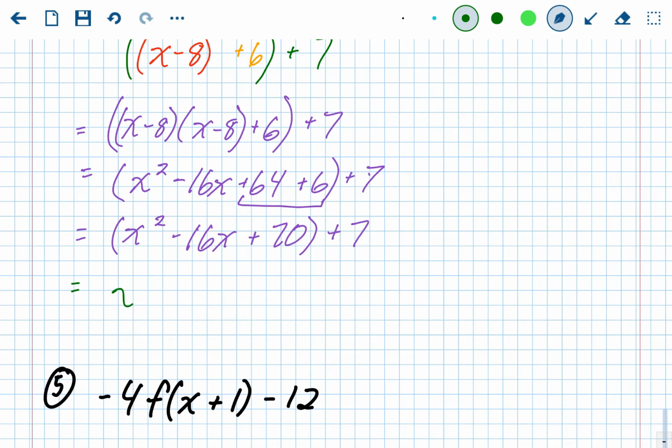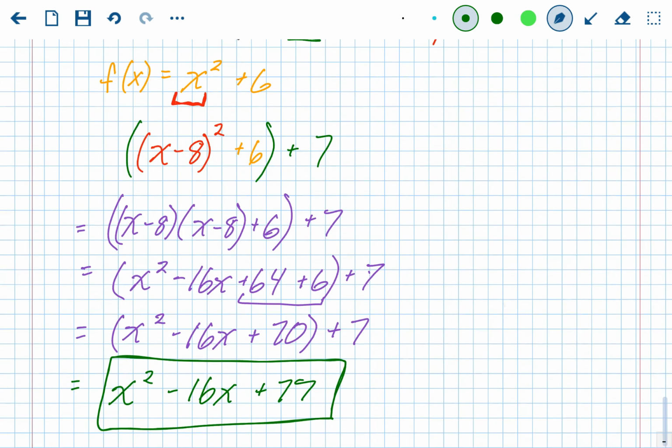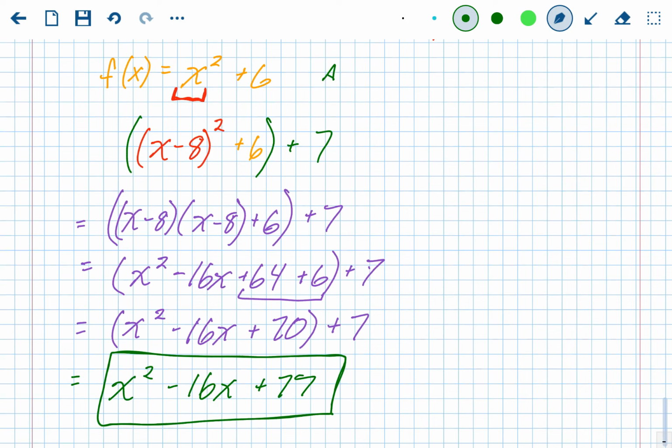And you finally get your transformed function of x squared minus 16x plus 77. So that is the equation of the new graph if you took the original graph, which was x squared plus 6, and you shifted it right 8 units and up 7 units. This would be the new graph, or the new equation.